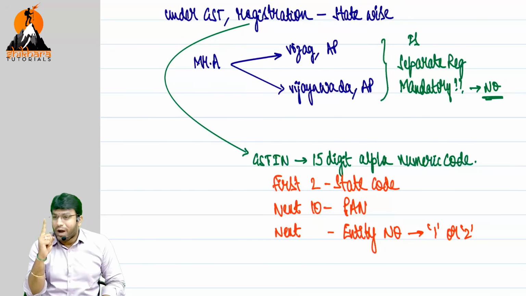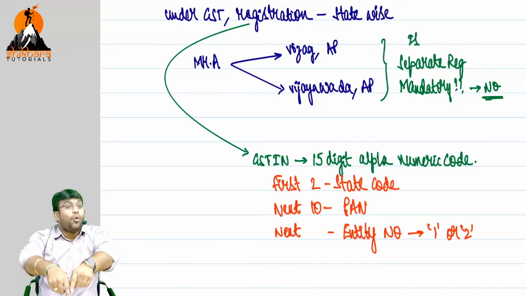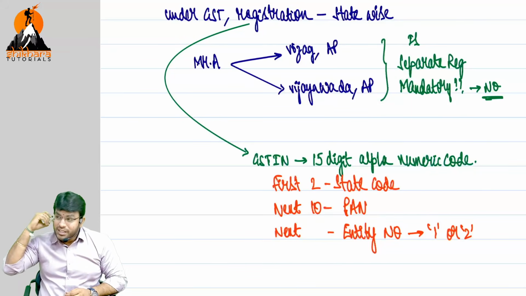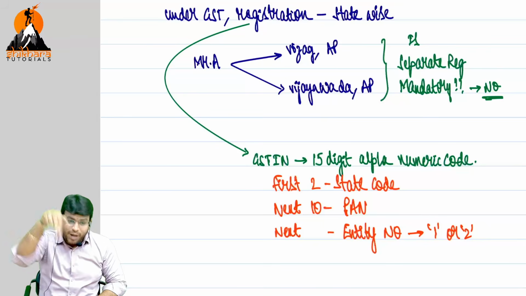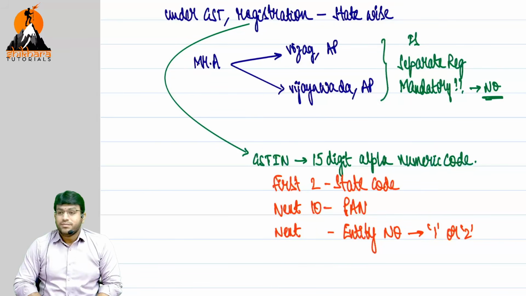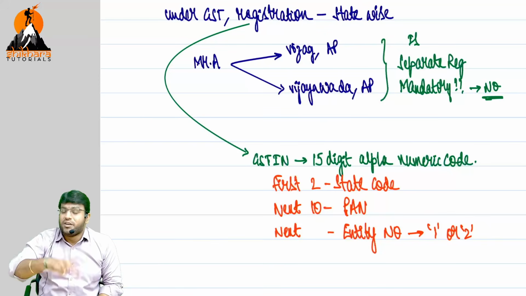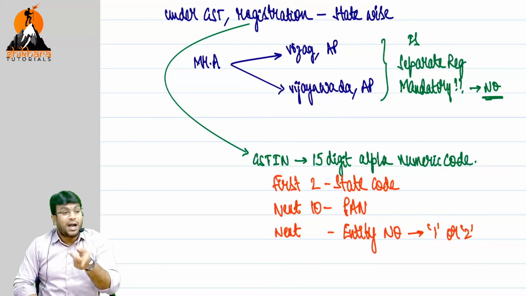This will be 1 only. In Telangana state only, you take one more registration, it will become 2. Everything will remain the same, but this will become 2. In Telangana only, you take one more registration, it will become 3. But if you go to AP, again 1 will start.